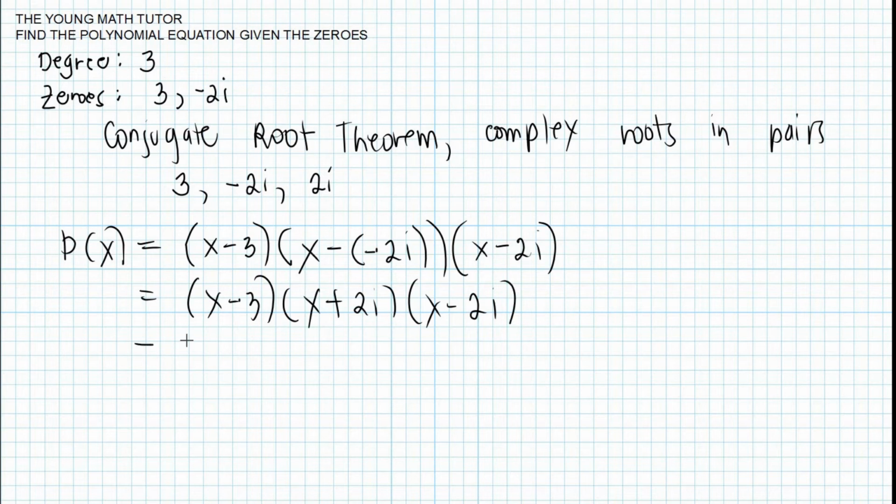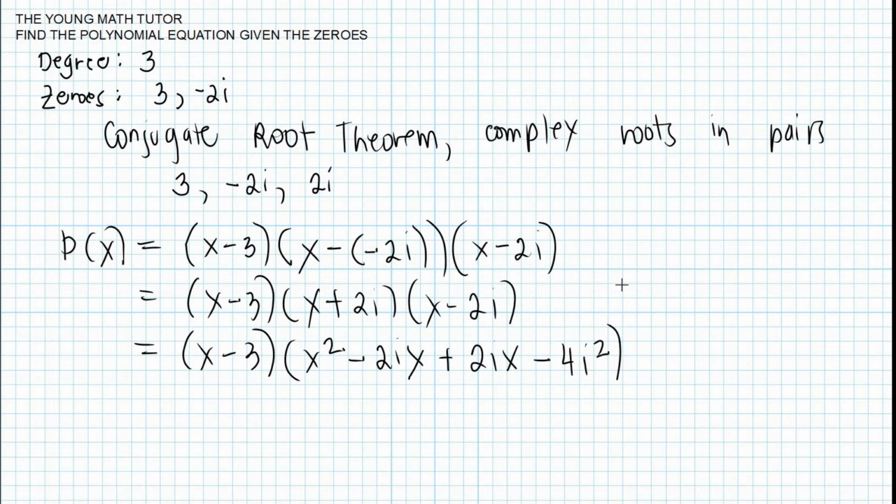Okay, so for this one, let's simplify the last two terms. So that would be x squared minus 2ix plus 2ix minus 4i squared. So we just used FOIL there. Now the middle terms cancelled out.